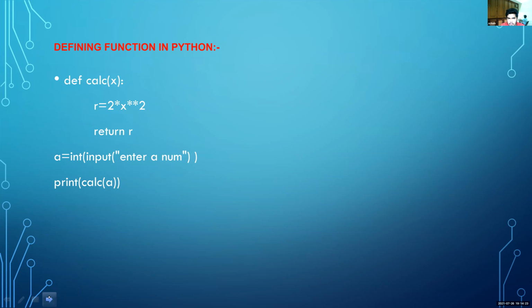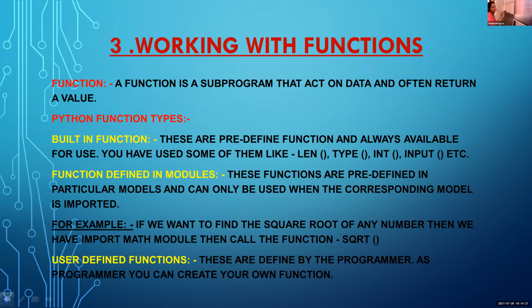You just write the definition of function only. There is no need of writing the Python function types. After explaining this, we can write those three types. A function is a subprogram that acts on data, that is, it works with data and it returns some value also. That single line is needed.